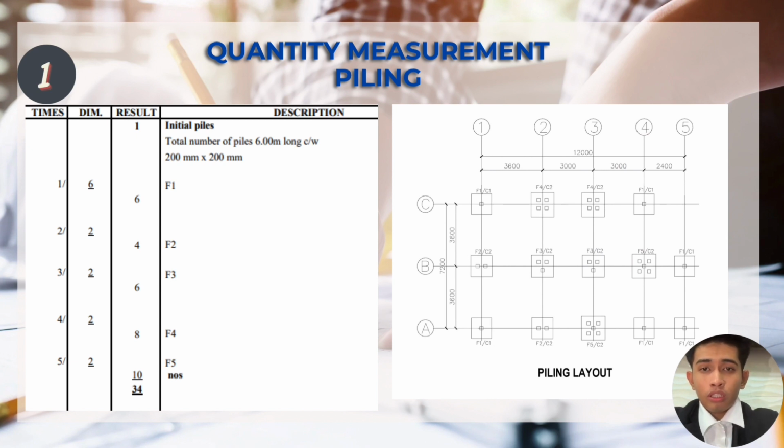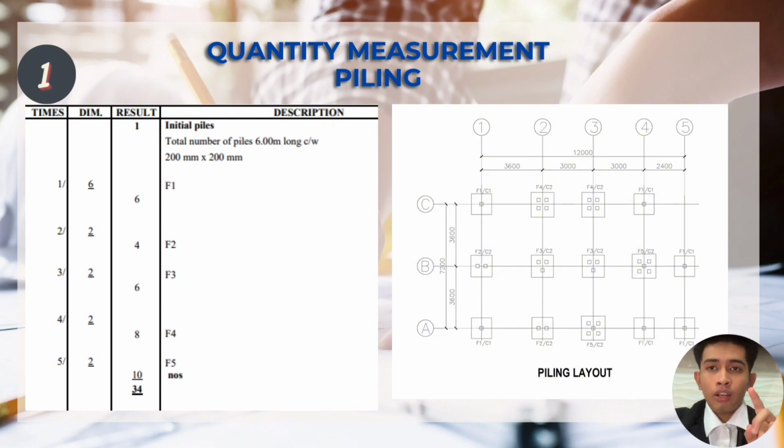Assalamualaikum. Now I'm going to talk about our quantity measurement for piling. For our first column, as you can see, 1, 2, 3 until 5 is our formwork number, which is formwork 1, 2, 3, 4 and 5. The second column is our dimension, which is 6, because we have 6 of formwork number 1, as you can see in the piling layout, and for piling 2 until 5 we only have 2 for each formwork.